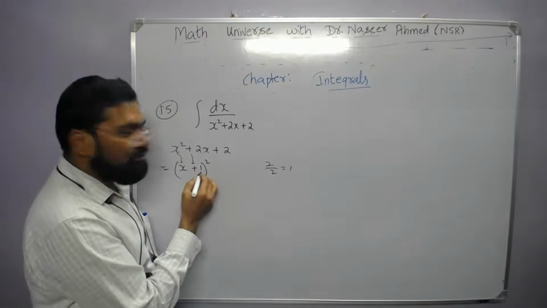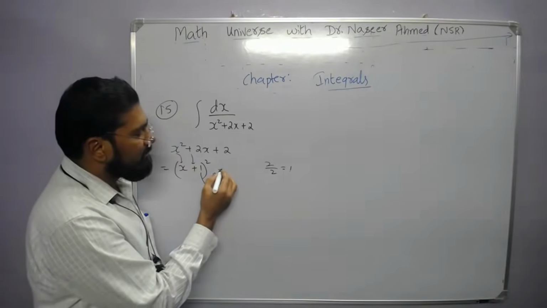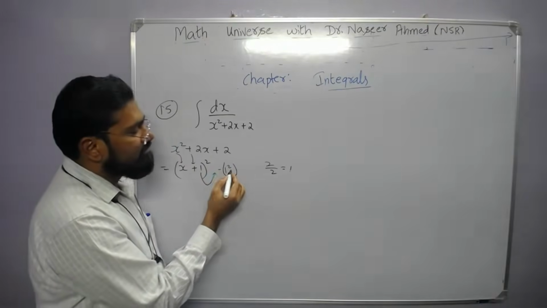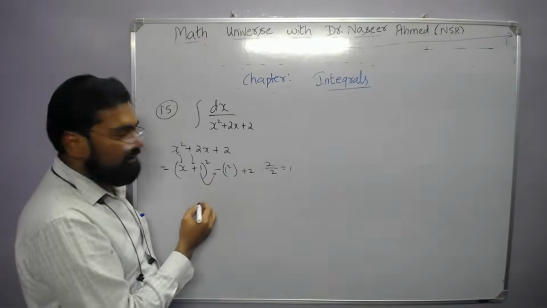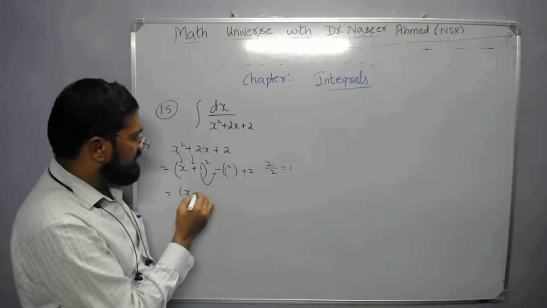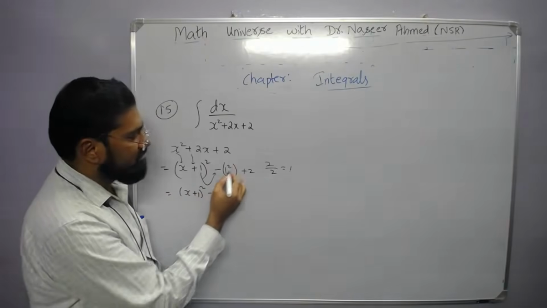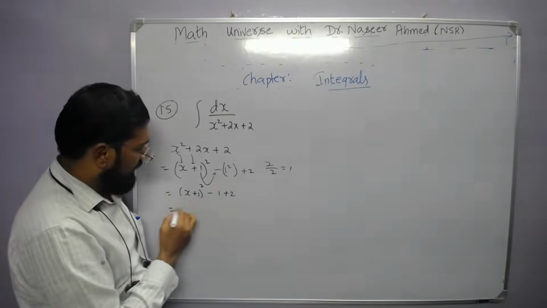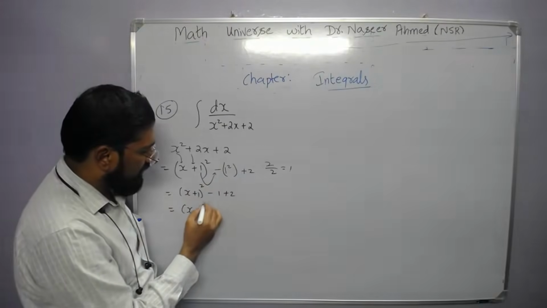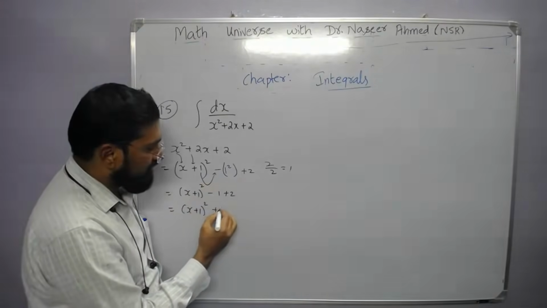Now, whatever you wrote here should be subtracted. Square of 1, so minus 1. Then plus 2. Now you see carefully: x plus 1 the whole square minus 1 square is 1, plus 2. So we'll get x plus 1 the whole square, minus 1 plus 2 will be plus 1.